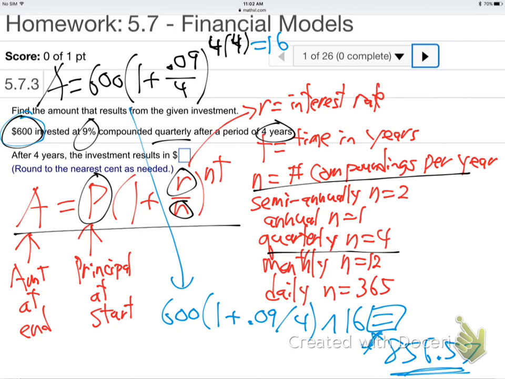Make sense? They want the nearest penny, so 856.57. I'll write it up here. 856.57 is the amount. Good on that? Questions I can answer on that one? If you have trouble with your calculator, if somehow it's not working, grab me after. It'll probably take 10 seconds to help you with that.